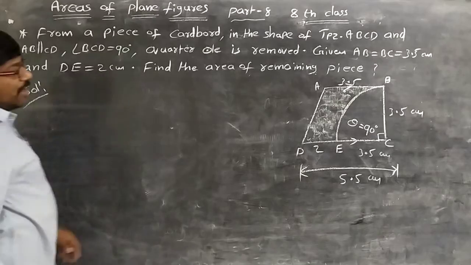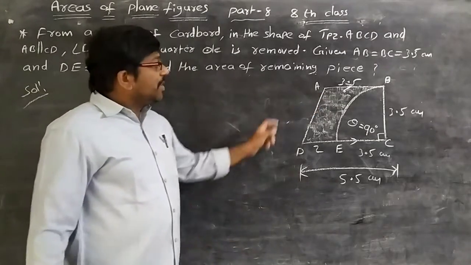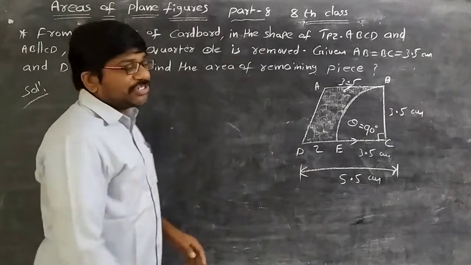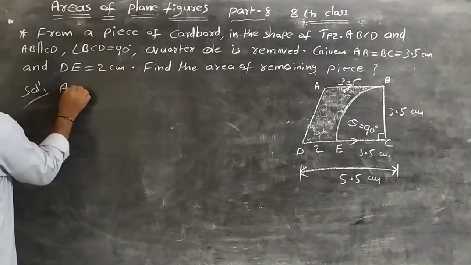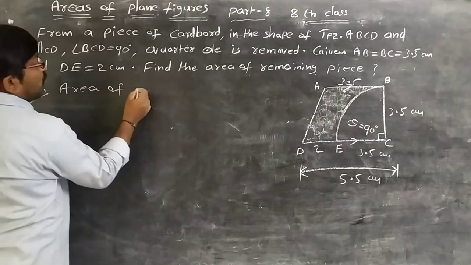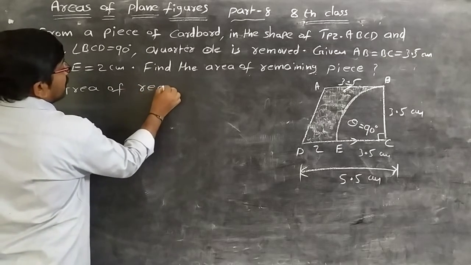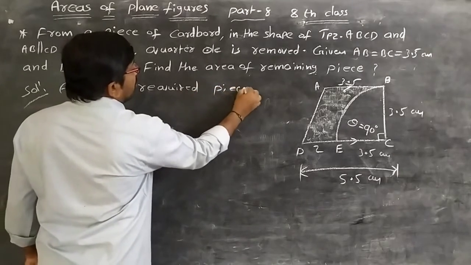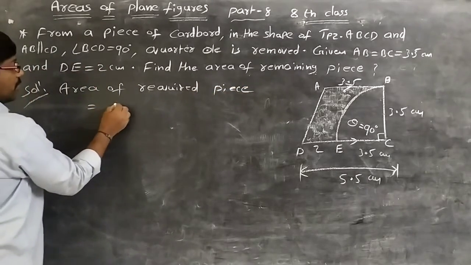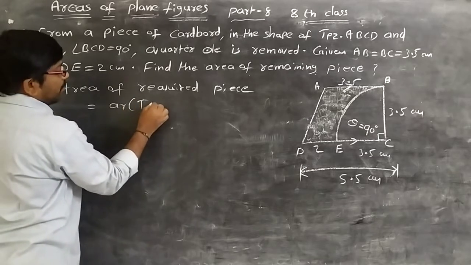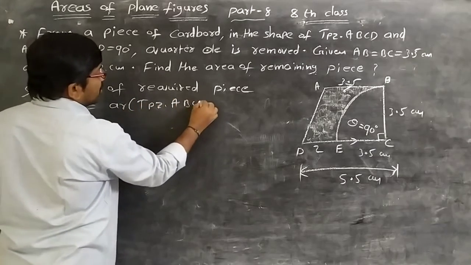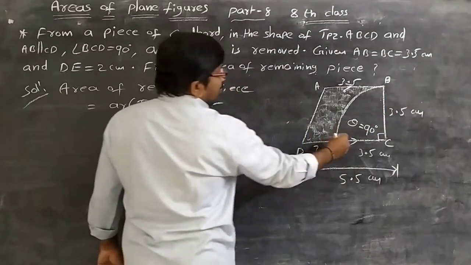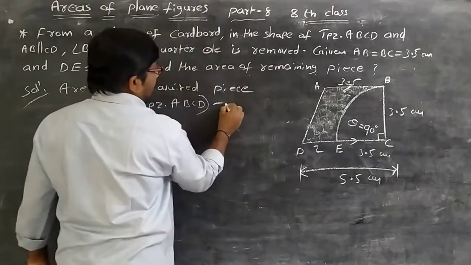So how do we get this shaded region? Area of trapezium minus area of this quarter circle, right? Area of required piece is equal to area of trapezium ABCD minus area of quarter circle, that is a sector, area of sector.